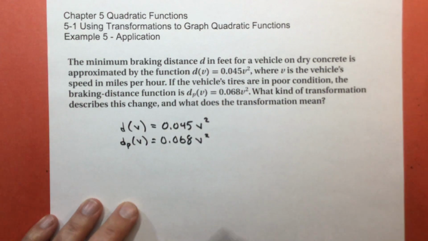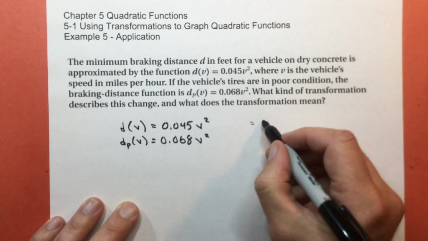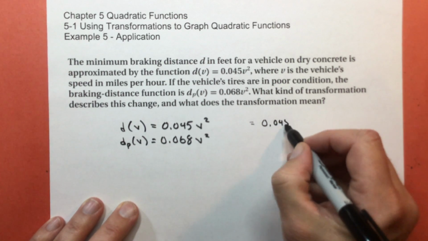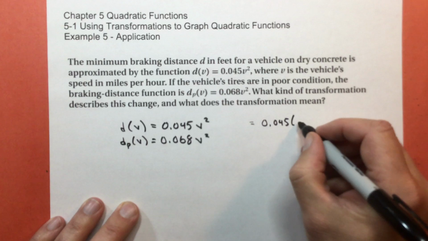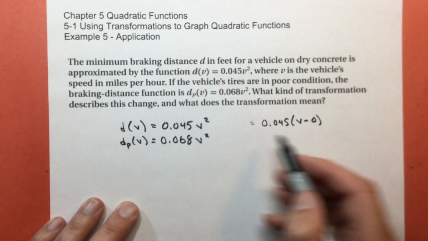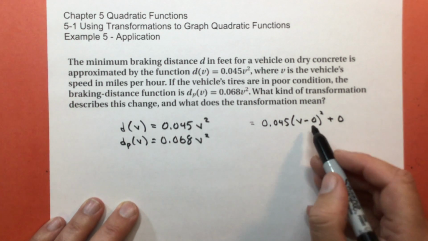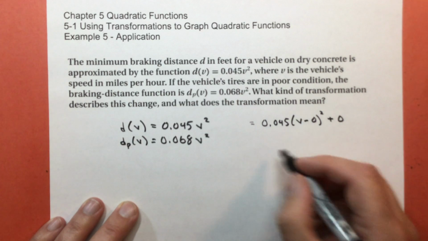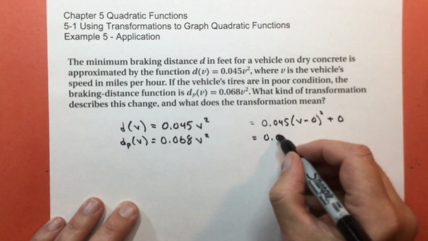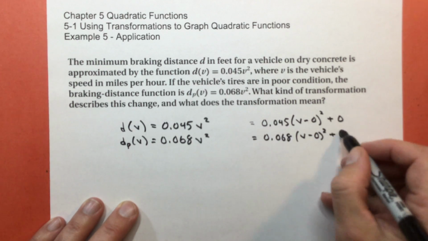Okay, in vertex form, this is 0.045 times v minus 0 squared plus 0, because v minus 0 is v squared. So my vertex is actually at the origin, 0, 0. Same thing with this one, 0.068 times v minus 0 squared plus 0.